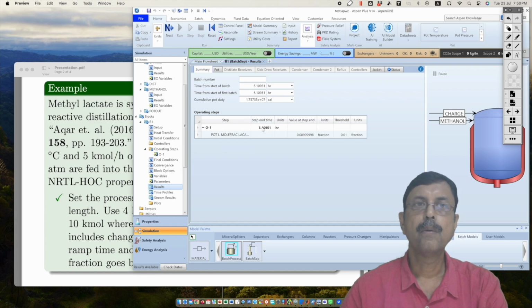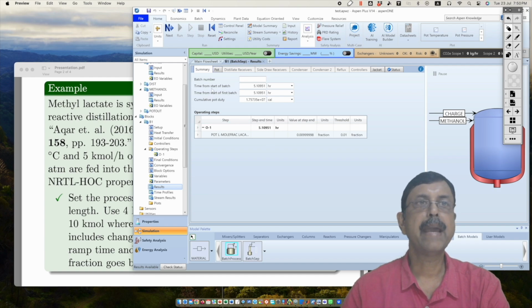When did it stop? When the pot mole fraction of lactic acid at 0.009999, just below 0.01. So as soon as the lactic acid mole fraction reached 0.01, it stopped. So this is the threshold.